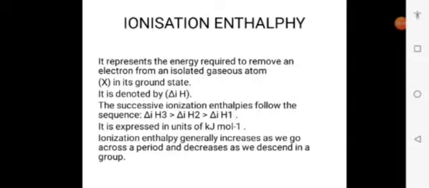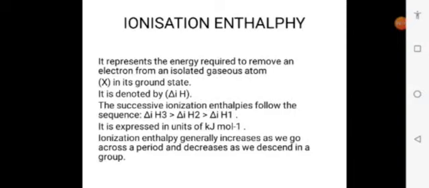In first ionization enthalpy, suppose we have the neutral atom and we remove one electron and the neutral atom gets changed into the cation. This is called first ionization enthalpy. In the second, suppose the ion already contains a positive charge, we remove the second electron, it's called second ionization enthalpy, and the third one is similar.